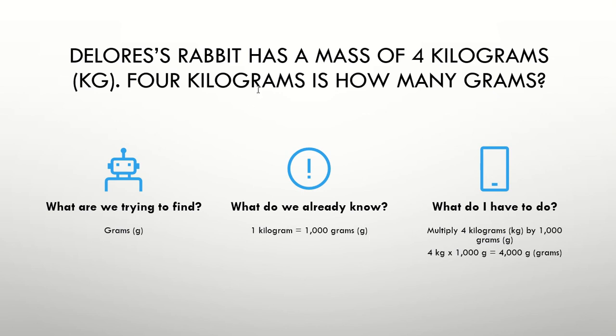The question is telling us the rabbit weighs 4 kilograms, but I need to convert the 4 kilograms into grams. So I'm going to take the 4 kilograms times the amount 1 kilogram is in grams. So 4 kilograms times 1,000 grams equals 4,000 grams, because that is what I need to find.